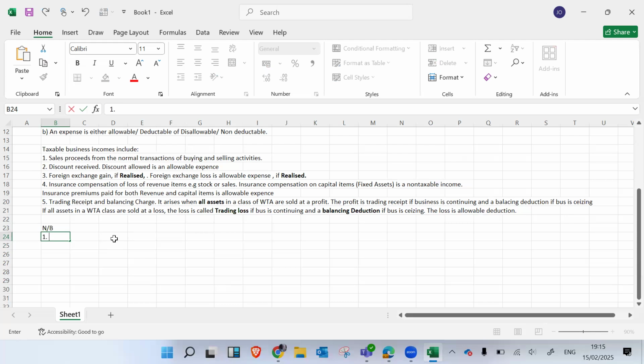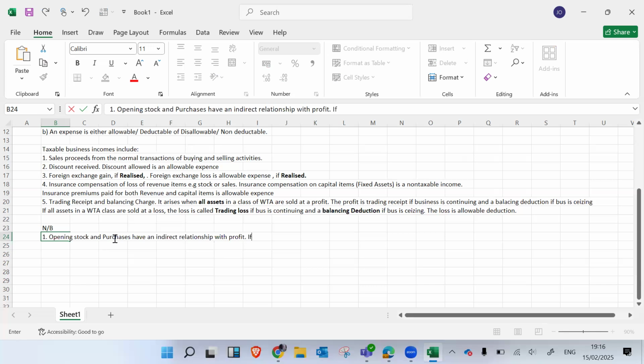NB number 1, opening stock and purchases have an indirect relationship with profit. They have an indirect relationship with profit.